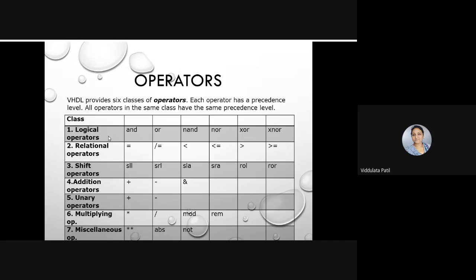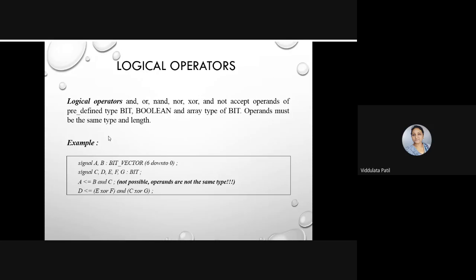These operations, exponentiation, abs to get the absolute value, and not, the logical negation, are performed first. As they have the highest precedence level, they will be performed first. Now let us see all these operators one by one.